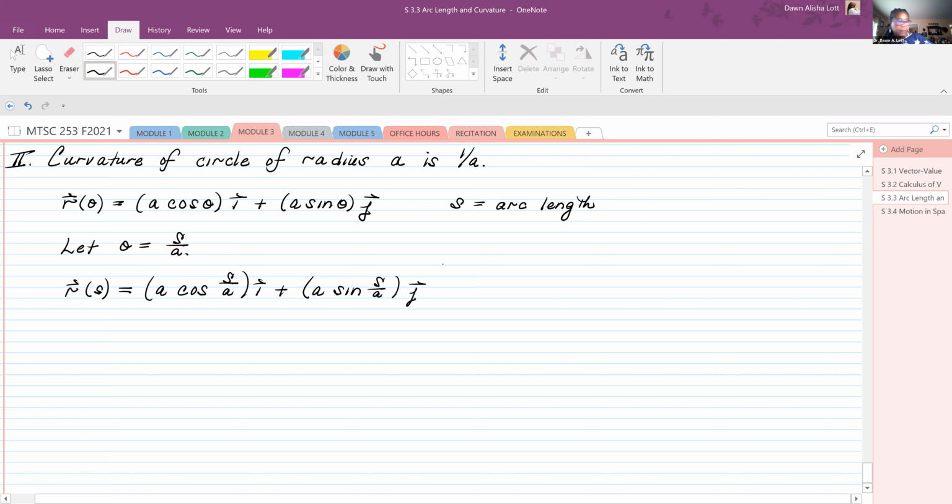So therefore, when I find T, let's find r prime first.